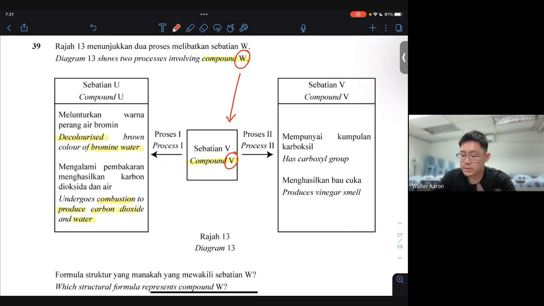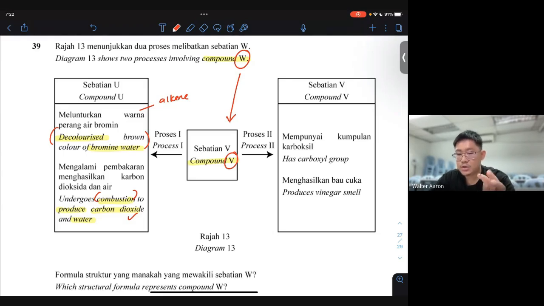I'm going to tell you what happened. If it can decolorize the bromine water, it is most likely an alkene. To confirm that further, combustion of alkene does produce carbon dioxide and water as well. So compound U is supposed to be an alkene.